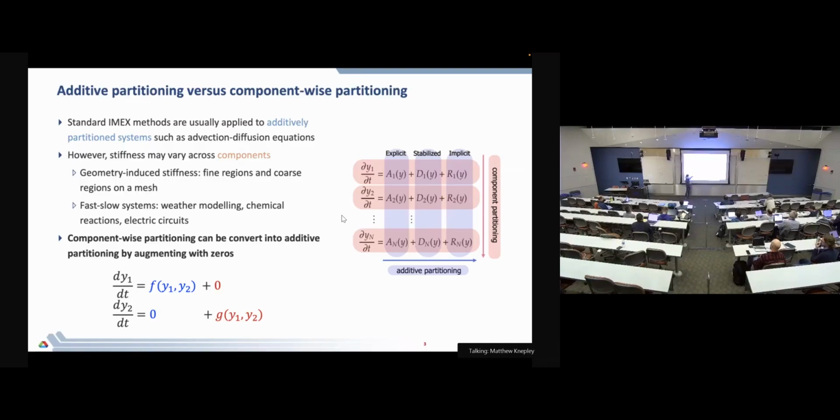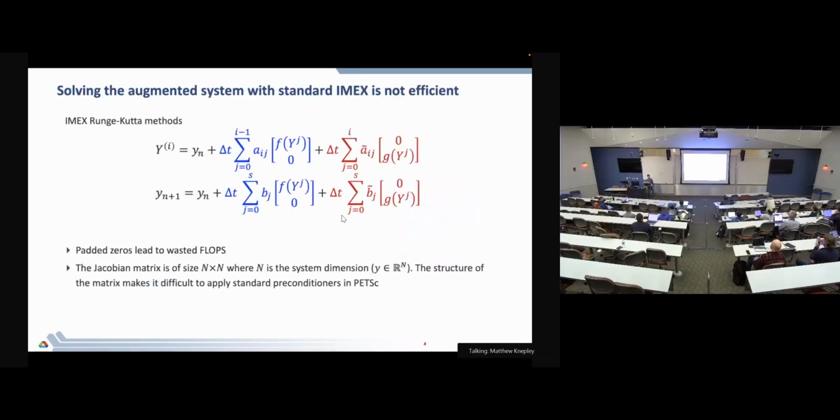One vector contains f and 0, the other vector contains 0 and g. Now you can directly apply the textbook IMEX solvers on this augmented system. For example, if you apply IMEX RK, you end up with a scheme like this.